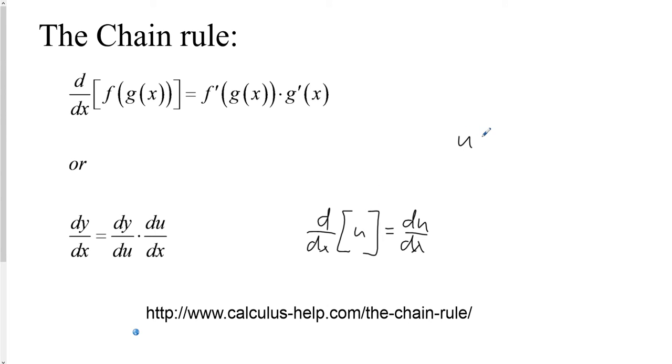This u is a function in terms of x. So this is just some way of abbreviating another function.